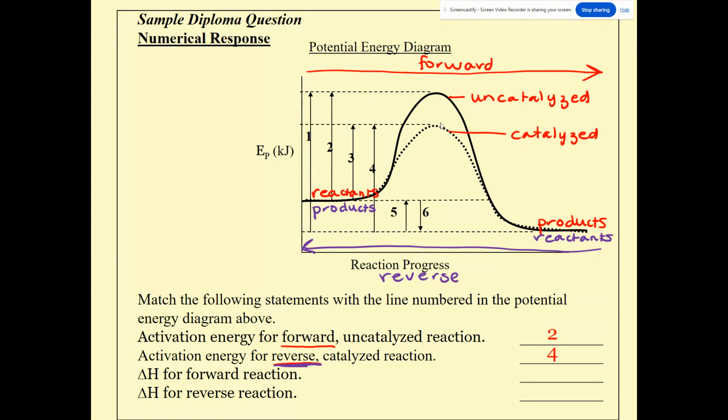The delta H for the forward reaction, that would be going down between the reactants to the products, the red ones, so that would be 6. And the delta H for the reverse reaction, going from the reactants to the products, the purple one, is going up, that would be number 5. So hopefully you can understand again how to read this sample diploma question and answer it appropriately.